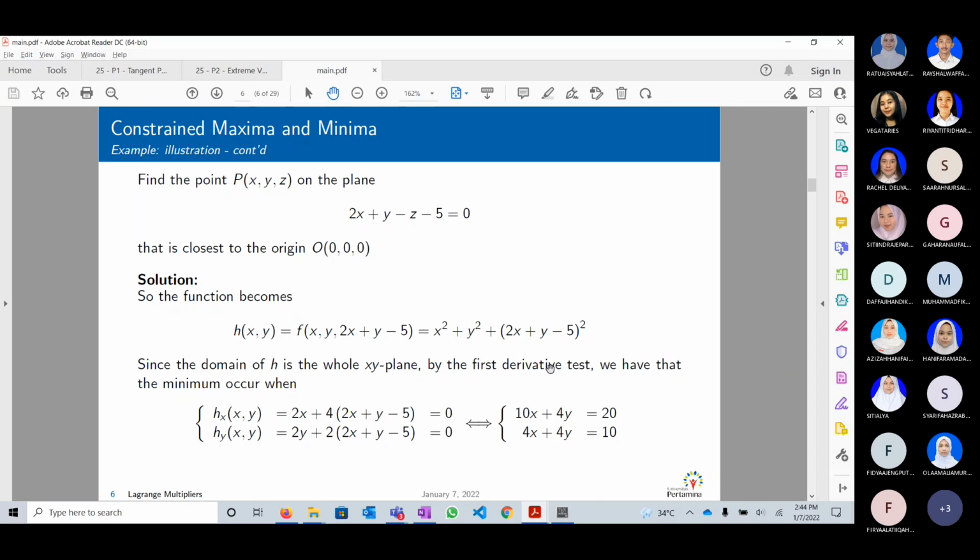Then we know that the domain of h is actually the whole xy plane. And by the first derivative test, we obtain this set of linear equations.